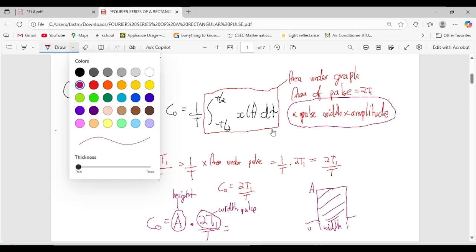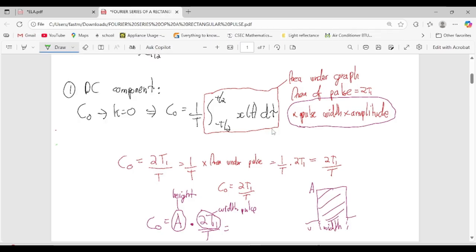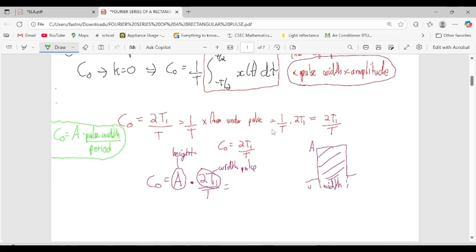All in all, C0 in general form is just the amplitude multiplied by the pulse width, divided by something called the period, which is what capital T is. I think most people know that by now. So that is the takeaway from the whole rant. I hope the explanation was okay.